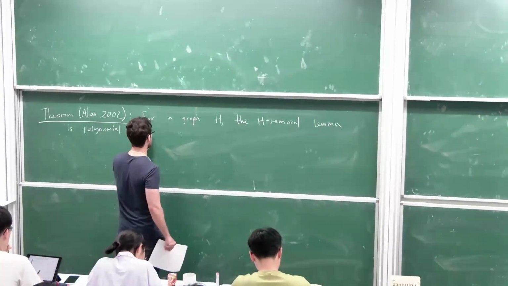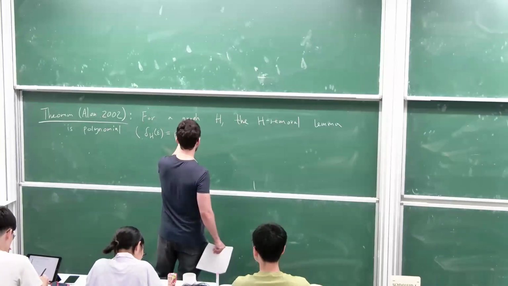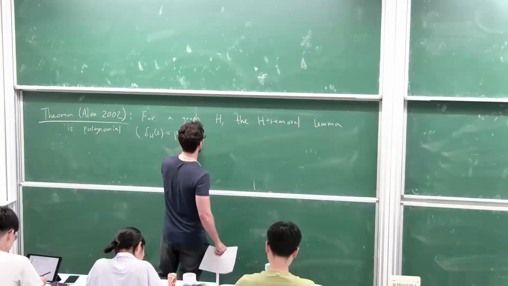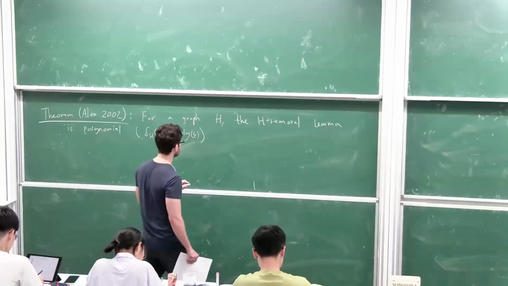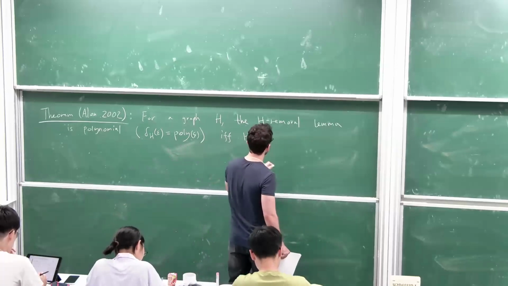So in the notation we had yesterday, this means that the delta in the removal lemma is polynomial in epsilon, if and only if H is bipartite.